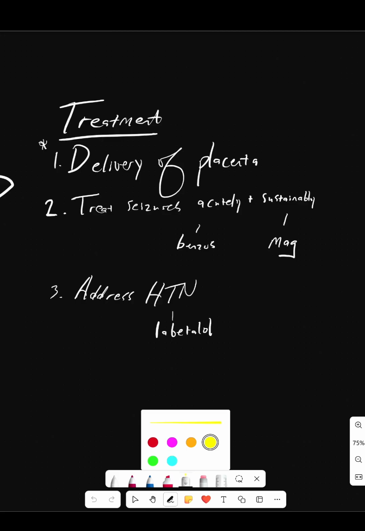In addition to that, it's going to relax the smooth muscles, particularly in the cerebral vasculature. So it's going to help them stop spasming, which can improve blood flow to areas of the brain and unify that perfusion so that the brain overall has a much healthier perfusion status.